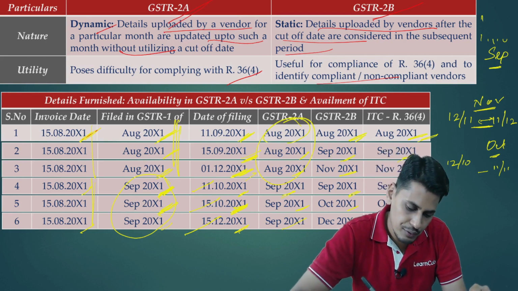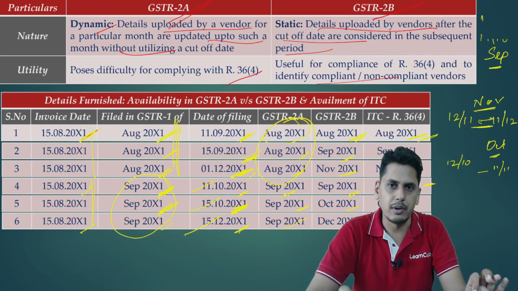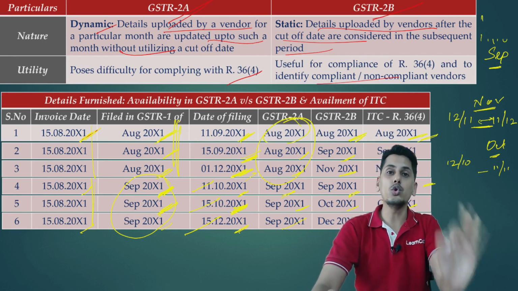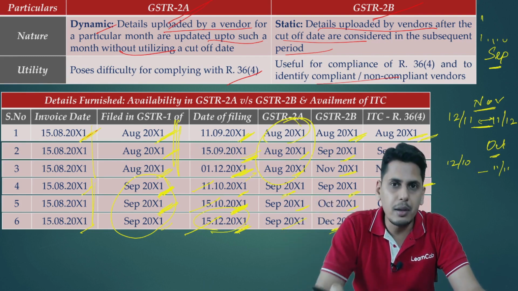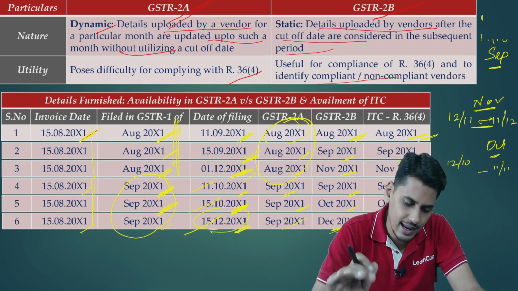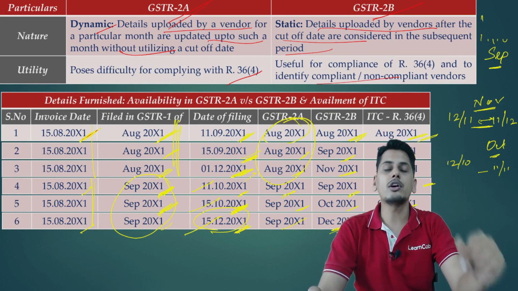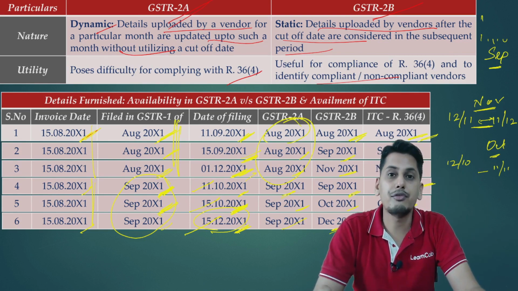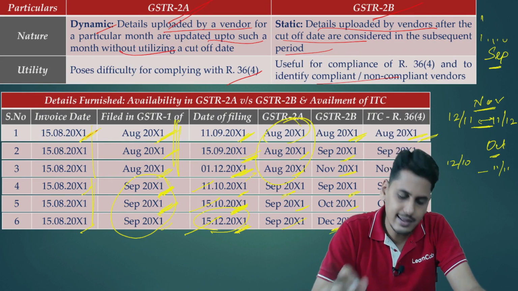Now friends, for 2B, we know it is going to appear in GSTR 2A of September. Let us check whether it will appear in 2B of September. For it to appear in GSTR 2B of September, filing should have happened by 11th of October. Has it happened? No. Next month. For October month's GSTR 2B, filing should have happened by 11th of November. Has it happened?